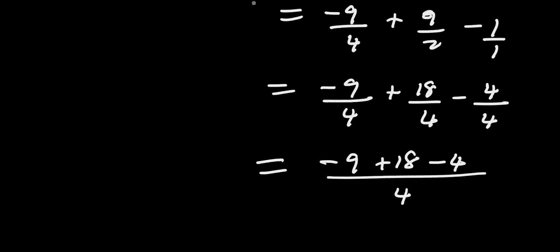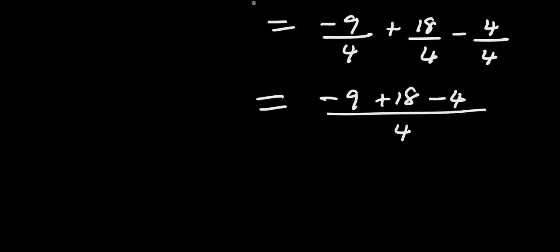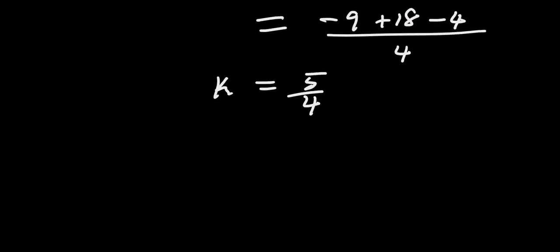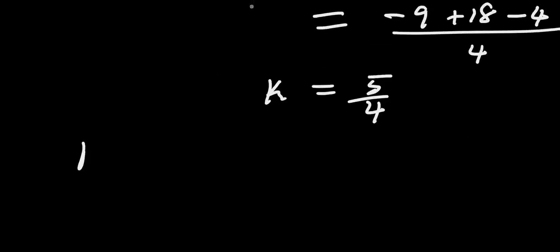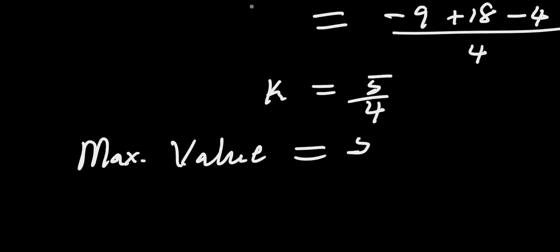So minus 9 plus 18 is 9, and 9 minus 4 is 5, so this will give us 5 over 4. So this value is the value of k, and that is the maximum value. Maximum value equal 5 over 4.